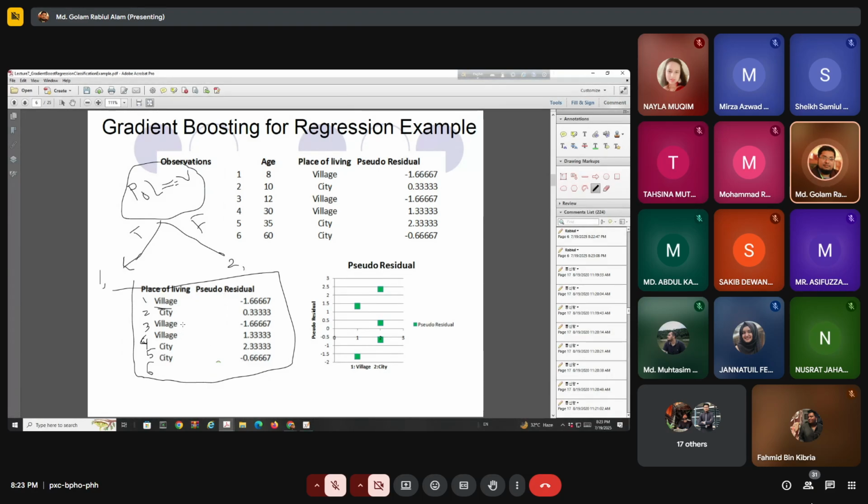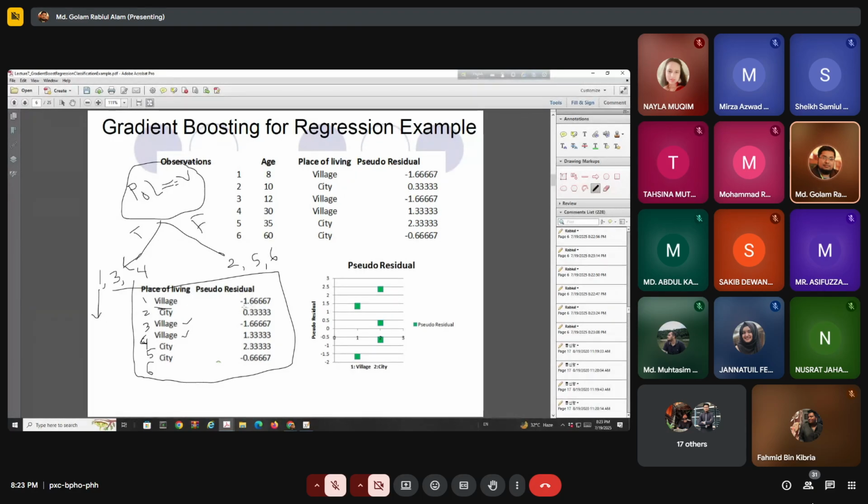Then the third observation is village, and the fourth observation is also village. So for the village, those are true: third and fourth. And the city, that means 5 and 6, will be on the other side. Then we write the corresponding pseudo residual values here.